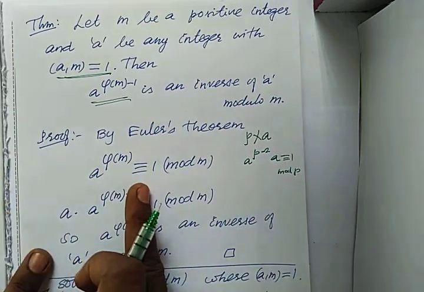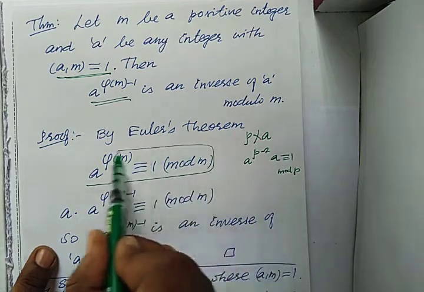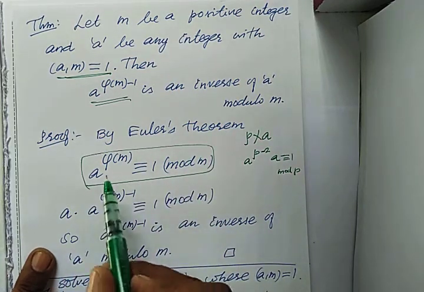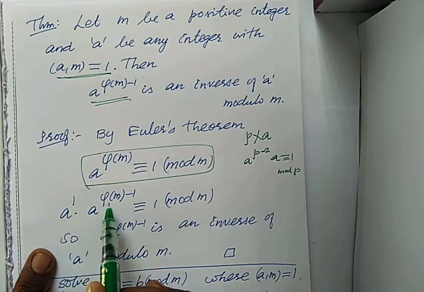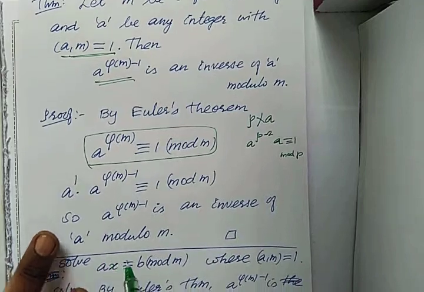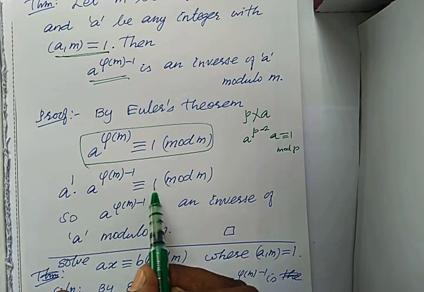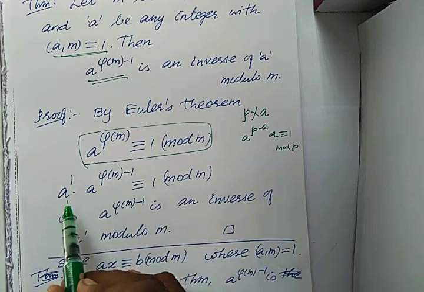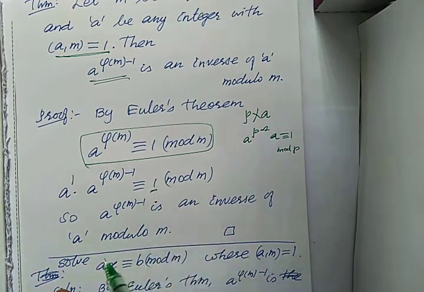A similar theorem comes here. By Euler's theorem, this condition holds, right? This a to the power phi of m can be written as a into a to the power phi of m minus 1, congruent to 1 mod m. See, if I multiply these two, if I take mod m, I am getting 1.